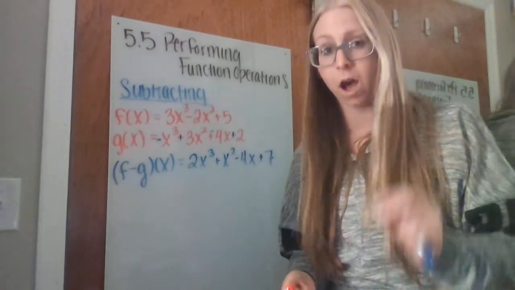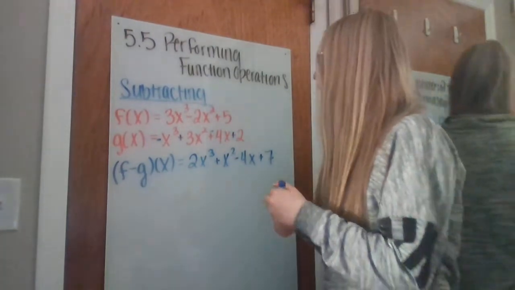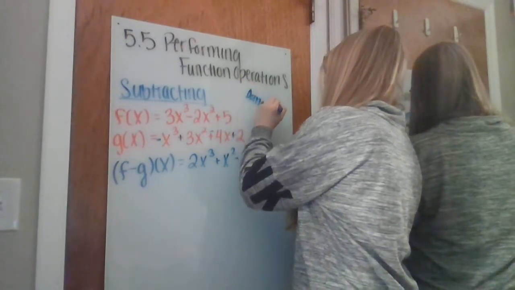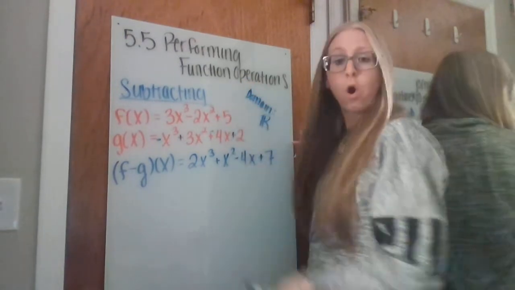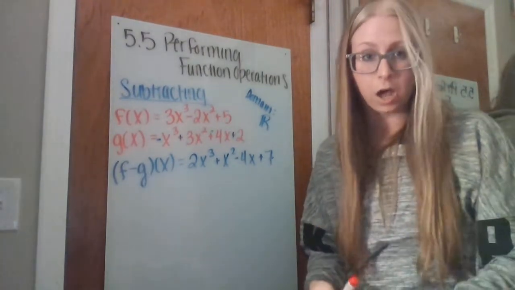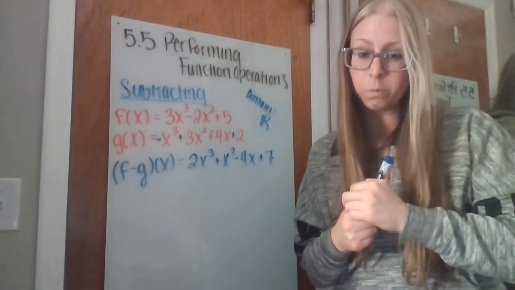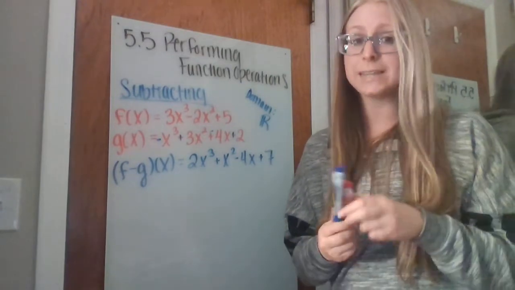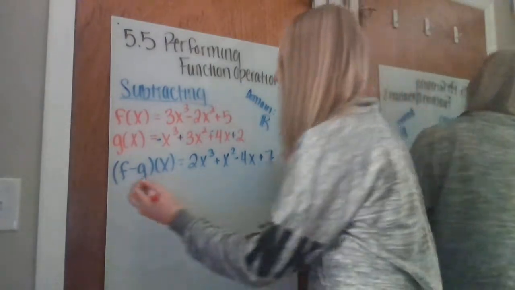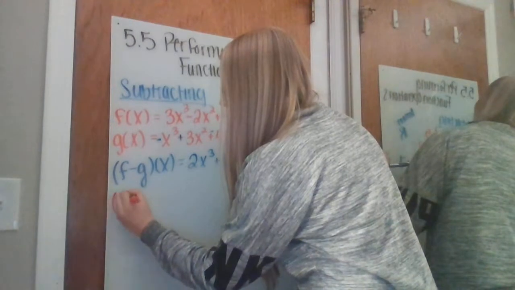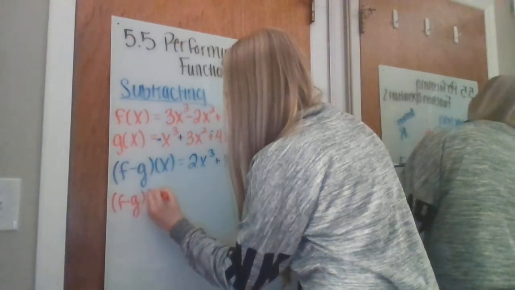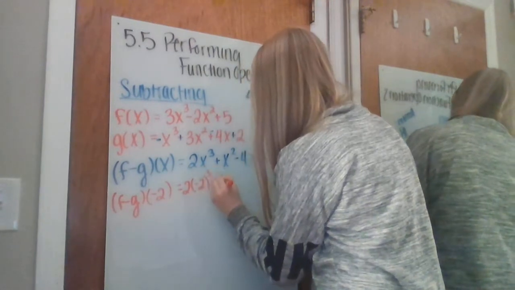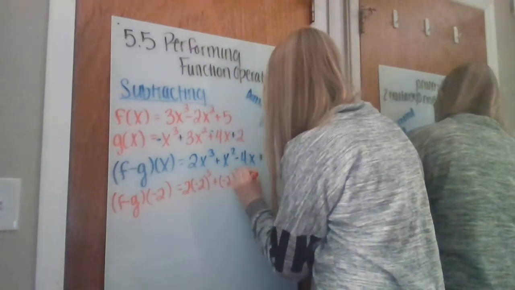So this is an odd function, meaning your domain is all real numbers because it's an odd. Does that make sense? I hope. Okay. So now I want you to evaluate when x equals negative 2. So I want f minus g of negative 2, which means I'm going to plug a negative 2 in for every single x.